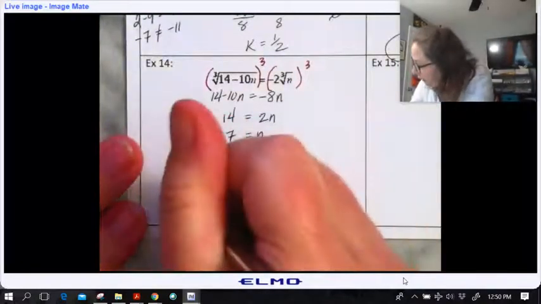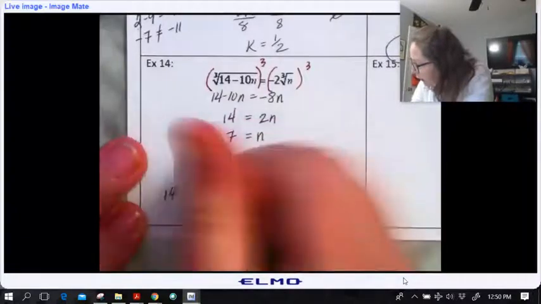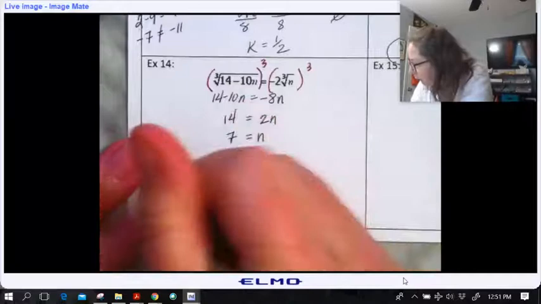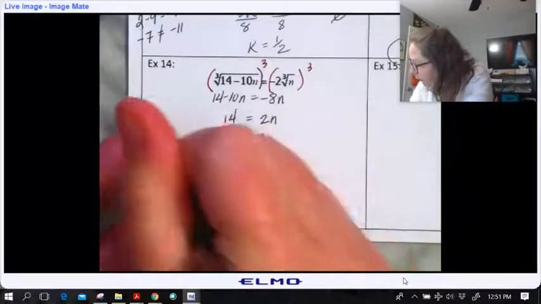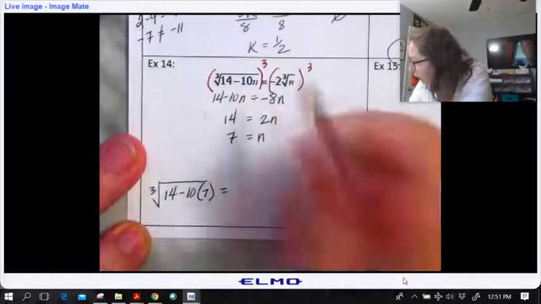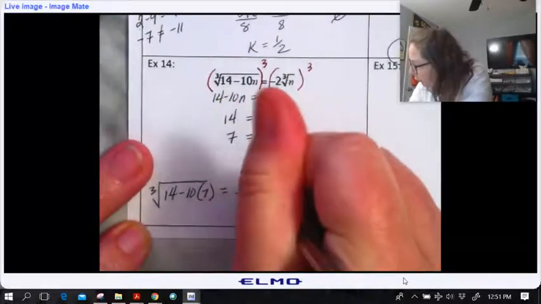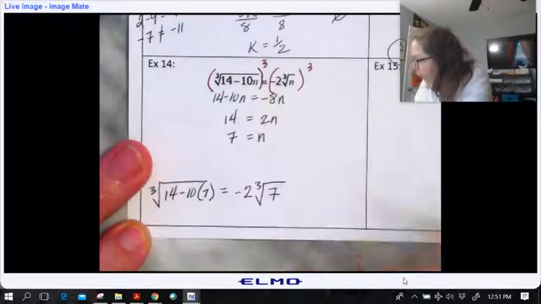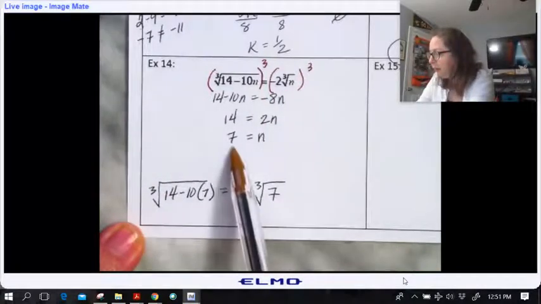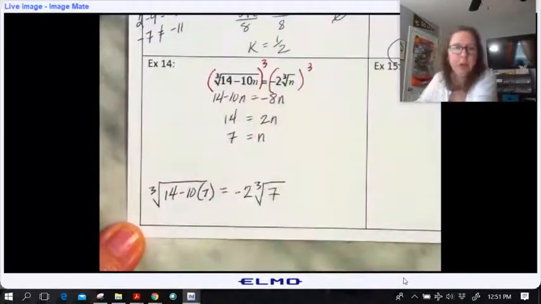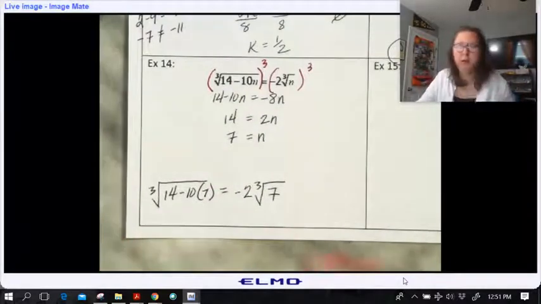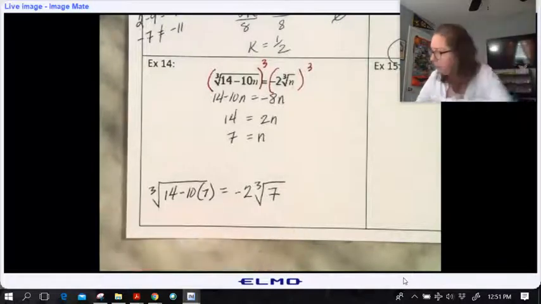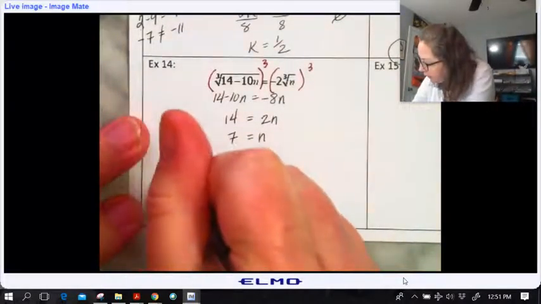So let's see, I've got 14 minus 10 times 7, and it's a cube root, equals negative 2, the cube root of 7. So I'm plugging 7 in everywhere there was an n in the original equation. Okay, so let's see, 14 minus 70 gives me negative 56.